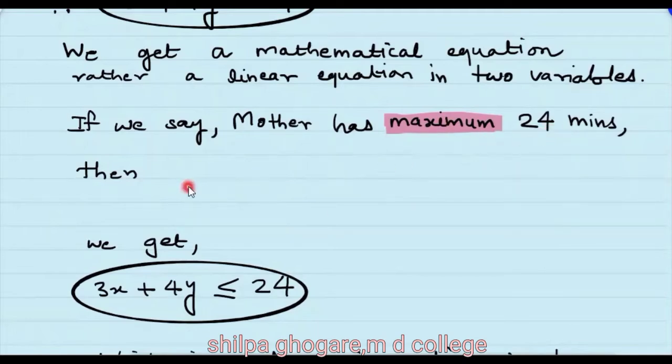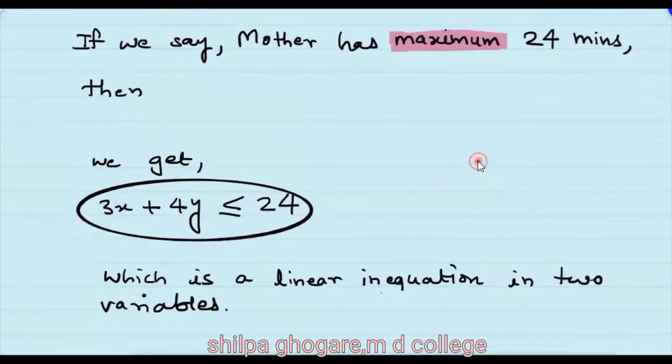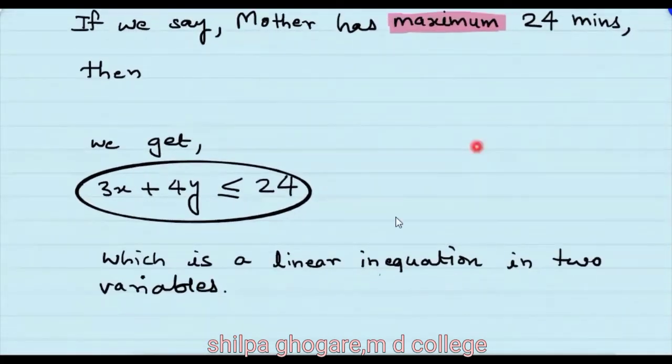That means the time for which she works can be less than or equal to 24. So the same linear equation is now becoming 3X plus 4Y less than or equal to 24, which is a linear inequation in two variables.